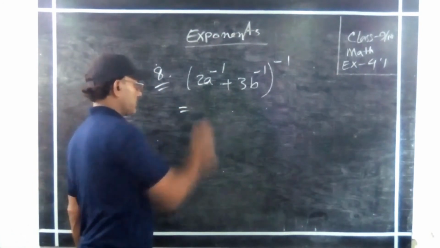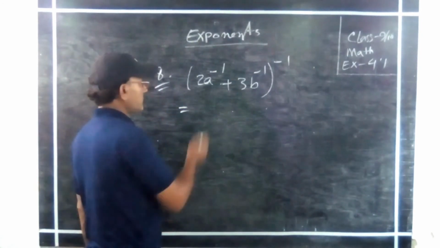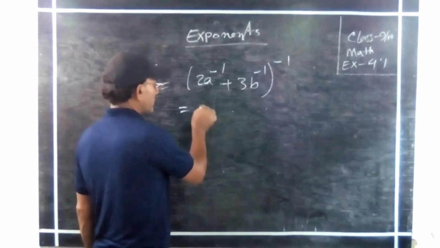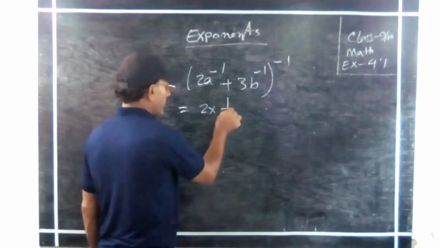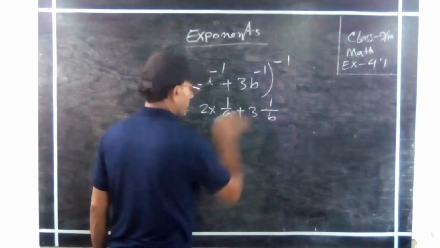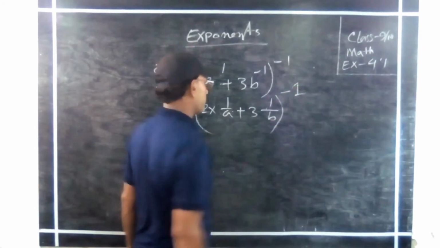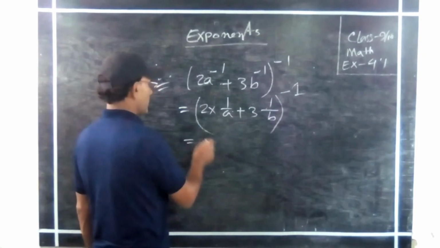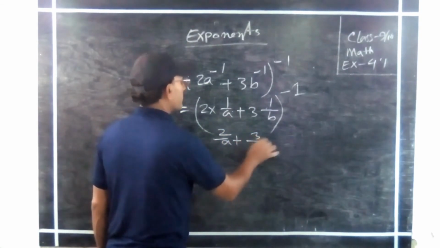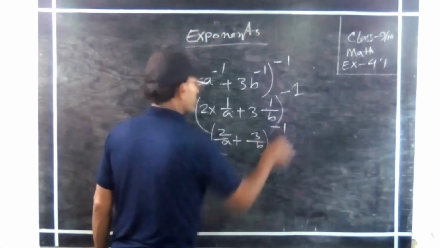Here, see carefully, 2a to the power minus 1 means 2 into 1 by a, plus 3 into 1 by b, then whole to the power minus 1. Here see 2 by a plus 3 by b whole to the power minus 1.